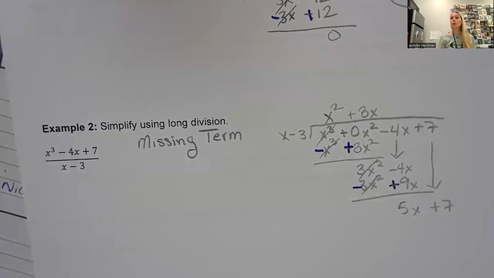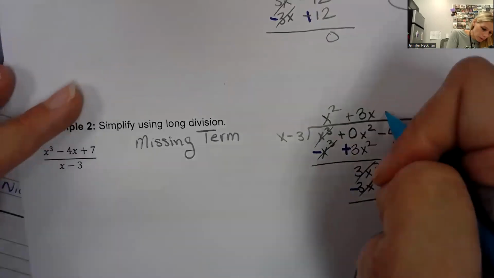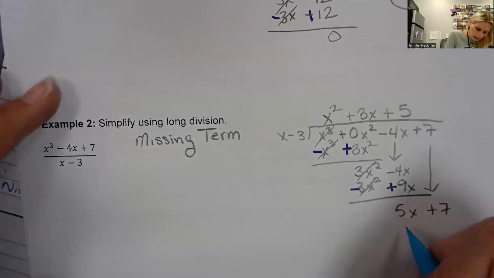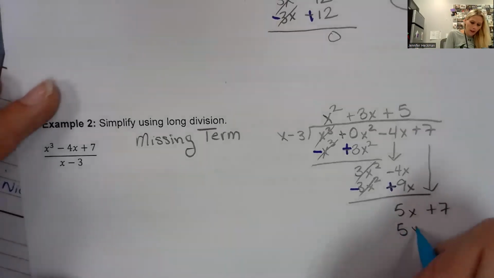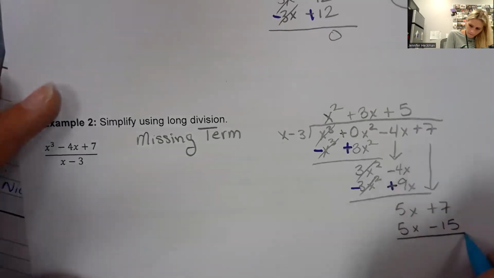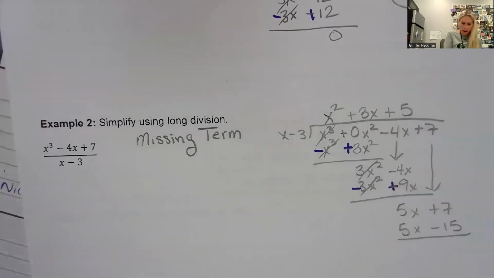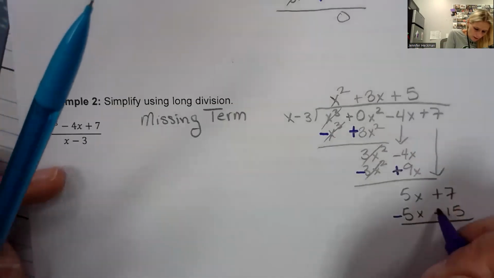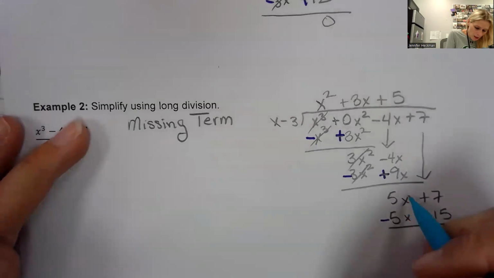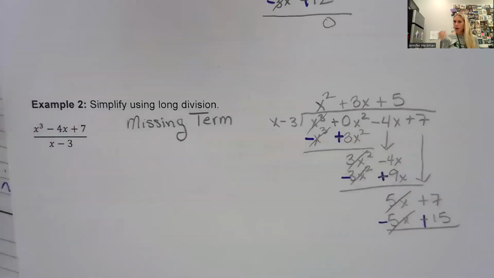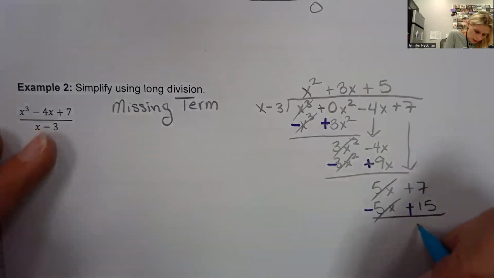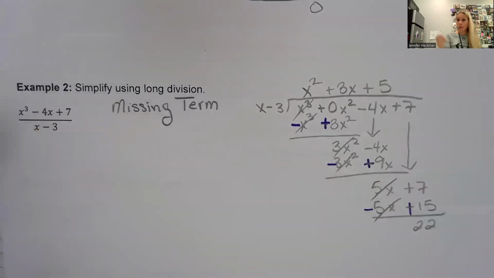Okay. What do you multiply x by to get to 5x? Well, I multiply by 5. So 5 times x is 5x. 5 times -3 is -15. Okay. I'm going to change the signs to add, because I like adding better. Those cancel. That was the point. 7 plus 15 is a 22. So I have a remainder here.